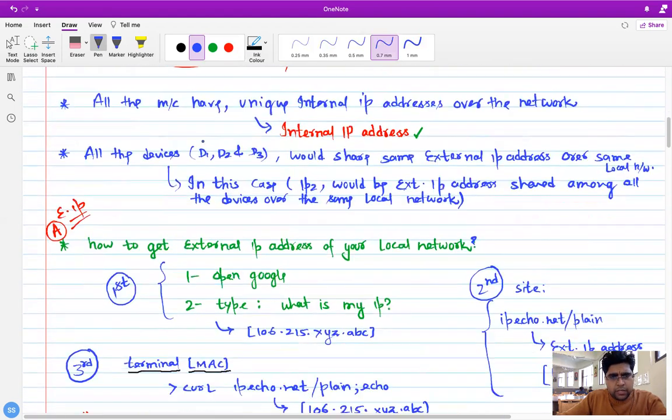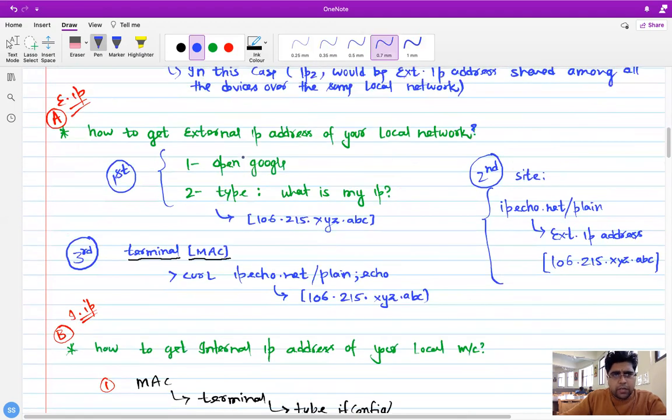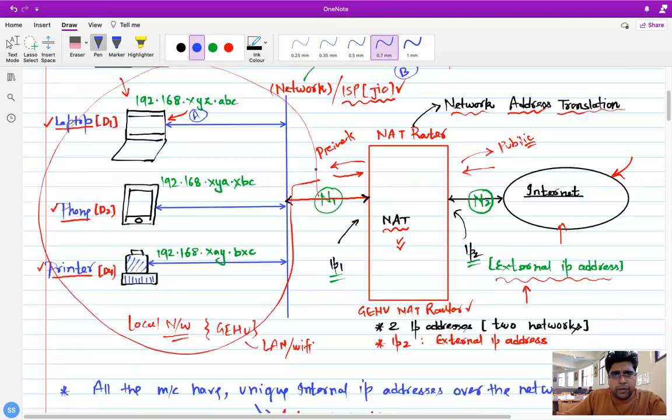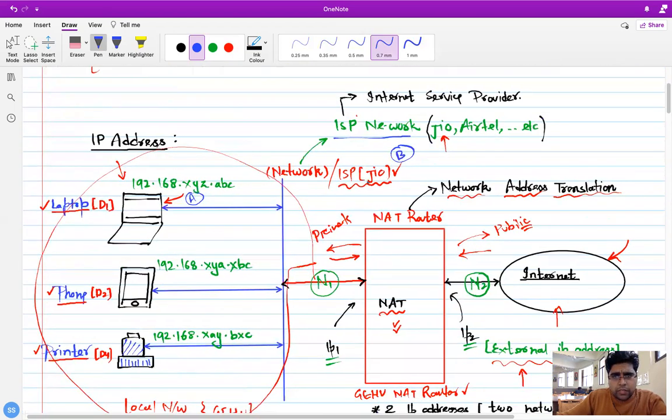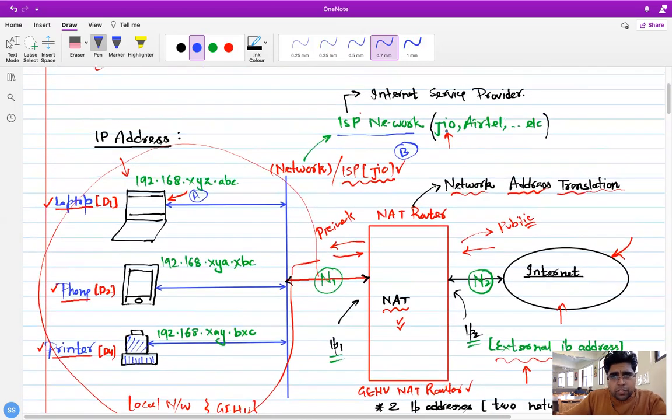So there are ways. I'm using Mac, so I'll give you the possible ways, okay, to know your external or internal IP address. So how to get the external IP address of your local machine? We are interested in knowing what this IP2 is. IP2 would be the ISP IP address. If you are using Jio, it would depend on your local area network, okay?